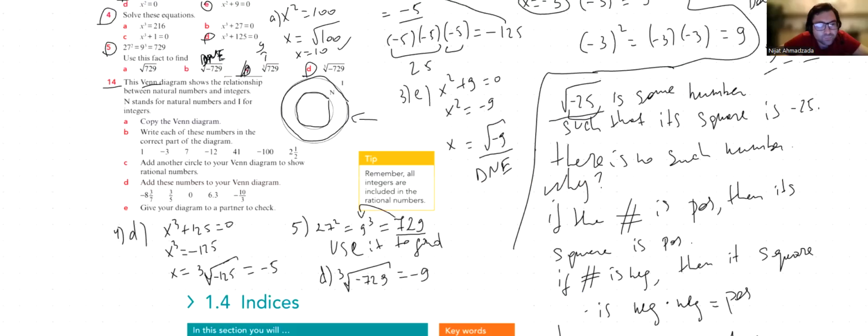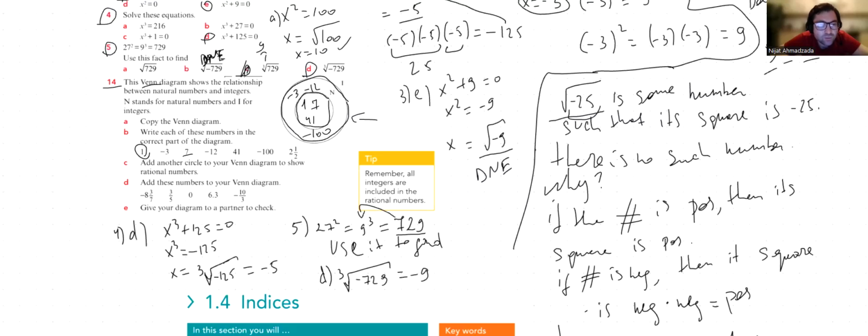So let's say 1. 1 is a natural number. Negative 3. Negative 3 isn't natural, but it is an integer, because it's a whole number. 7 is natural. Negative 12 is not natural, but it's an integer. 41 is natural. Negative 100 is not natural, but it is an integer.